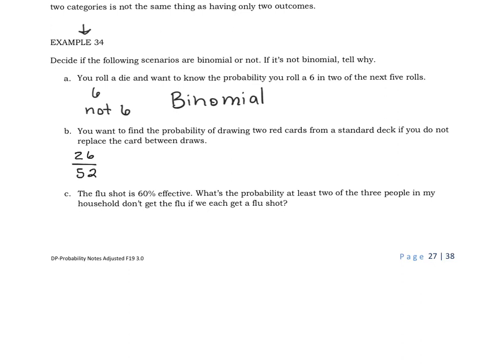But if you're not going to replace it, then the probability of drawing a red card becomes 25 out of 51. So they're not independent events here if you're not going to replace the card. So this is not binomial. The probability of success changed.